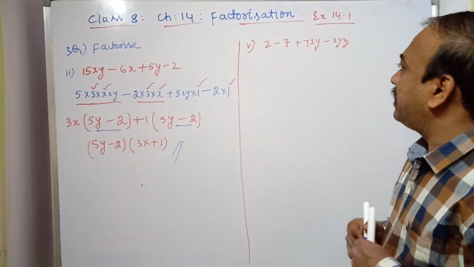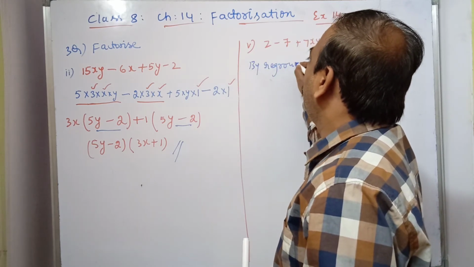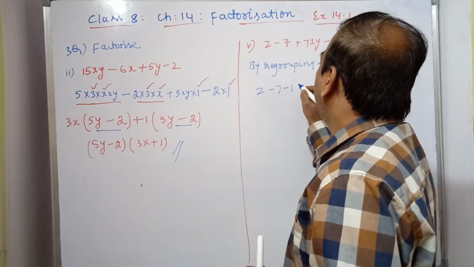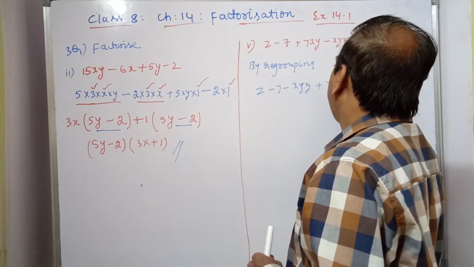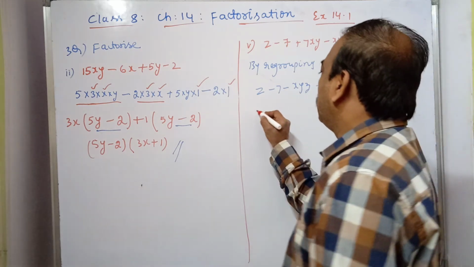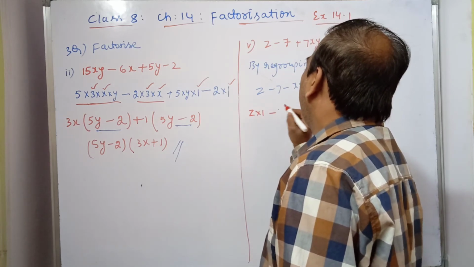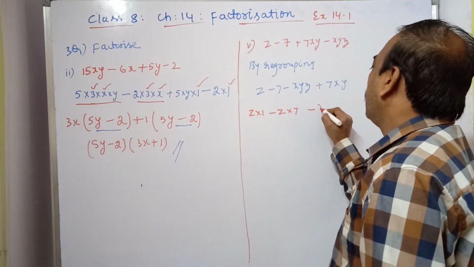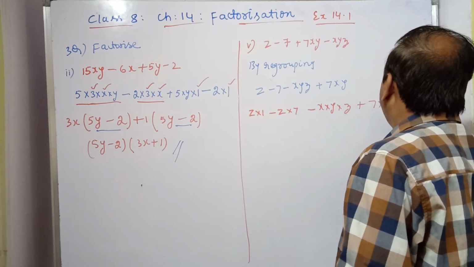Now see here, z minus 7, rearranging by regrouping: z minus 7 minus xyz plus 7xy. In these two, you can say z into 1 minus z into 7, and here minus x into y into z plus 7 into x into y.